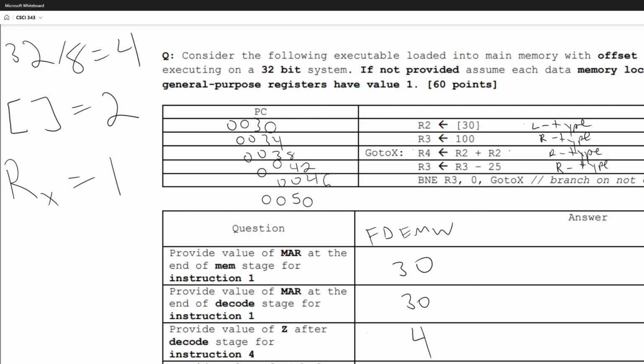You care about what was in the Z register in the line before, and there was an R type instruction, so it put R2 plus R2 in the ALU, and then it was outputted into the Z register. Oh, okay, I got it. Thank you. Yeah, and then R2 just has a default value of 2 because he didn't specify that specific address or anything. So it's 2 plus 2, which is 4.